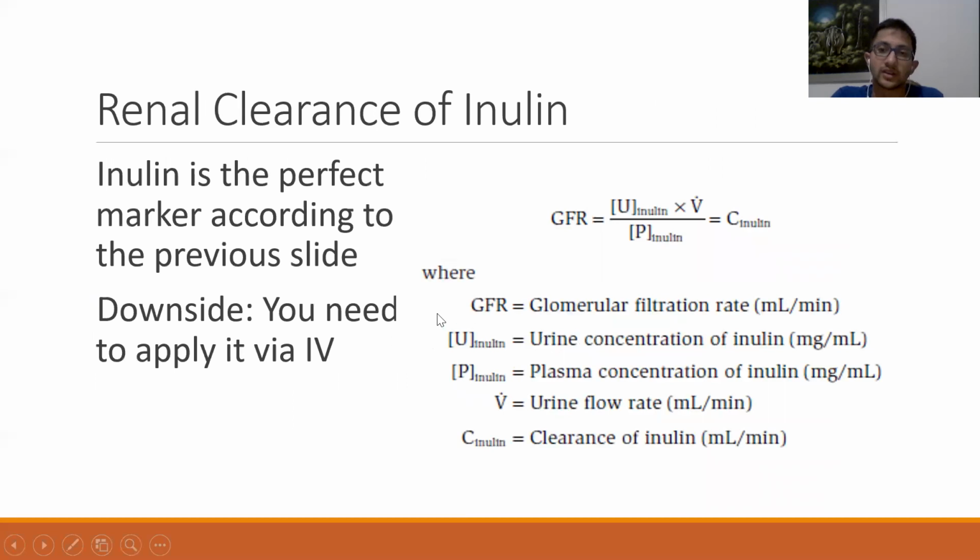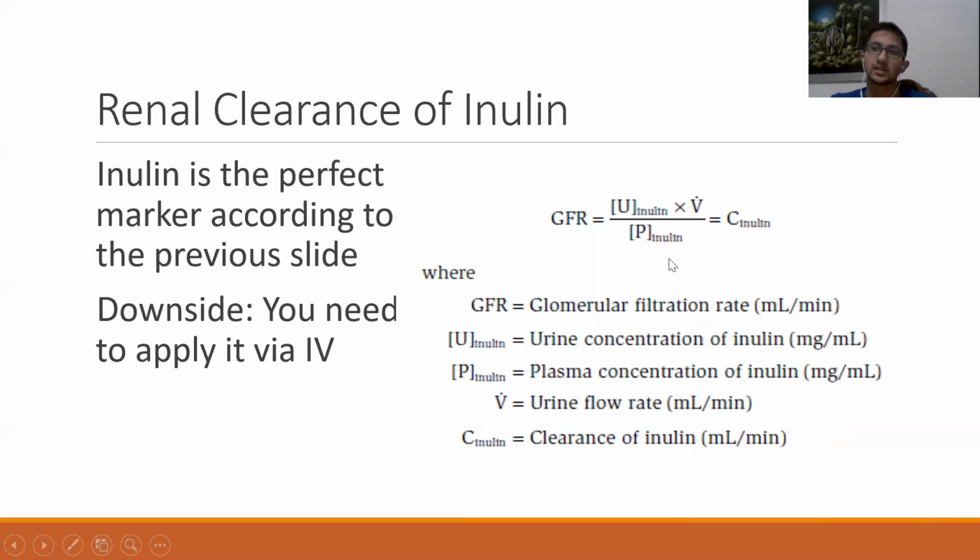So it's really great. You can inject a predetermined amount of inulin, so you are aware of the plasma concentration of inulin, and then as the patient urinates, you measure the concentration of inulin in the urine, and then you measure how fast it's exiting, how fast the patient is urinating.